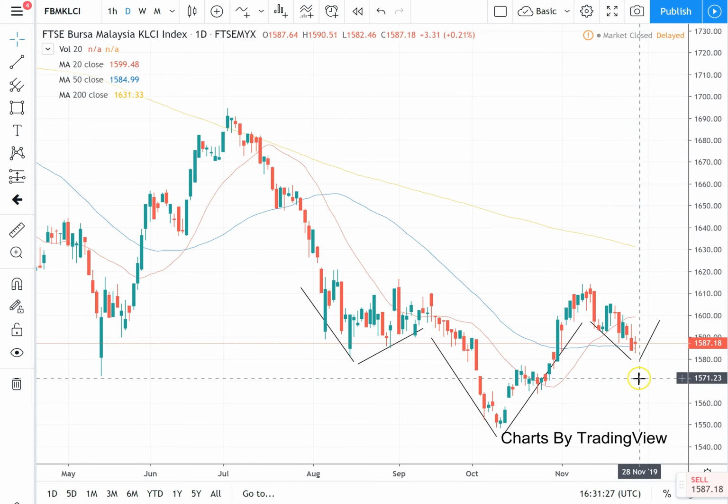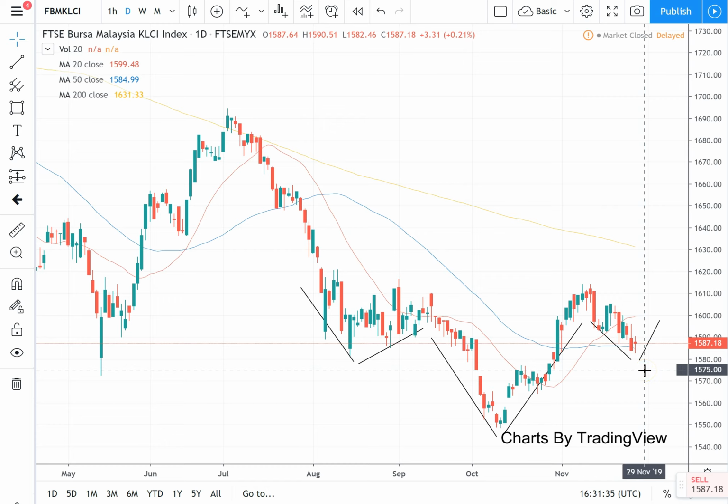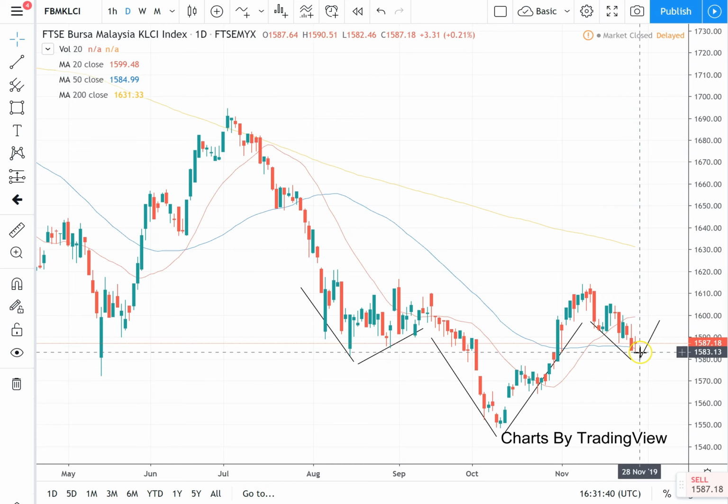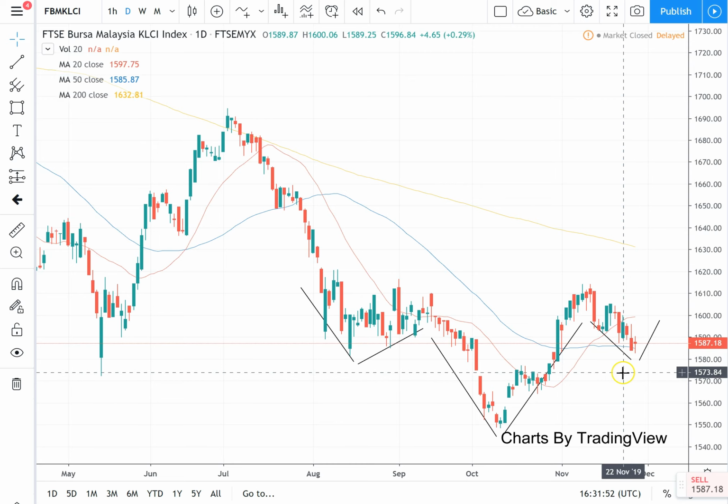A doji means indecision. Sometimes it can be an indication of bullish reversal as well, because selling momentum is slowing down. Otherwise, it will not form a doji, it will be a big red candle. But a doji means that the stock closed about the same place where it opened, so bearish momentum is slowing down.